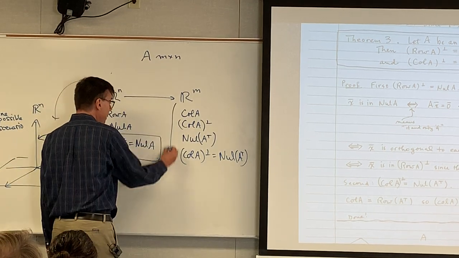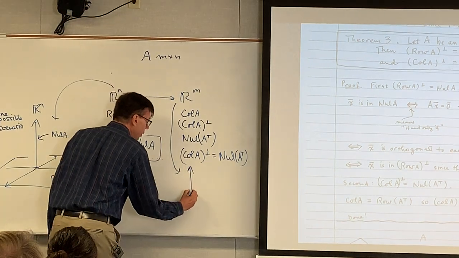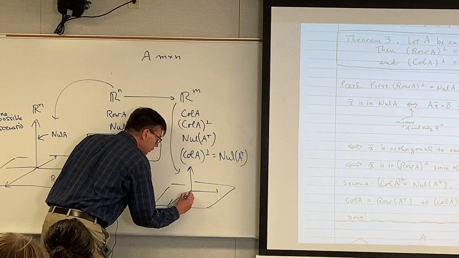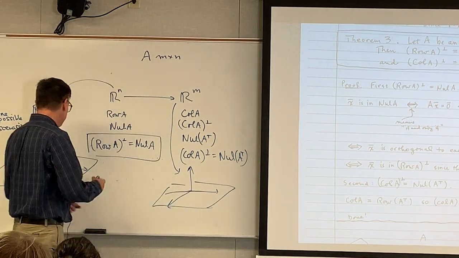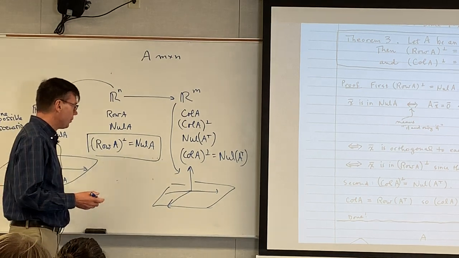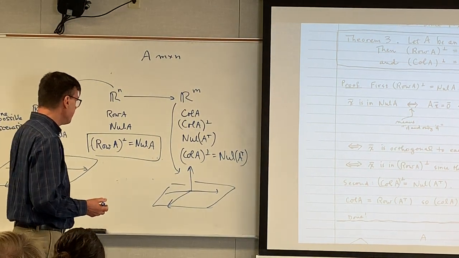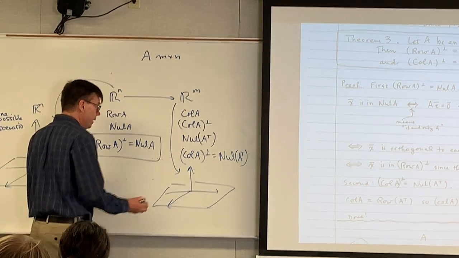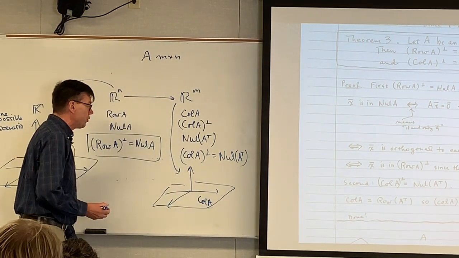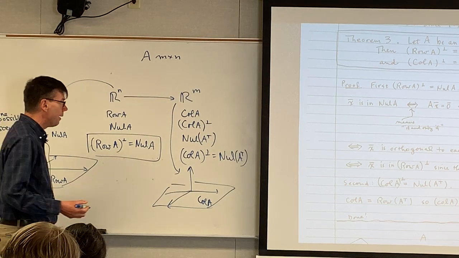In terms of Rm, I didn't give myself much room here, but let's just put a little picture. So I'm using R3 again, because that's the only multidimensional space I can draw very easily. We're saying you've got this column space, this range of the linear transformation, sitting inside of Rm.